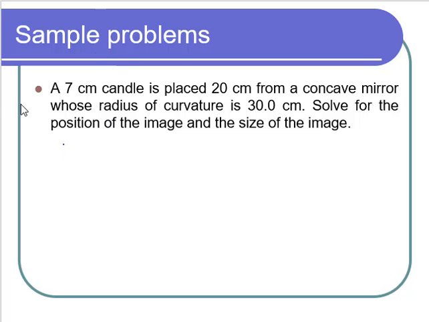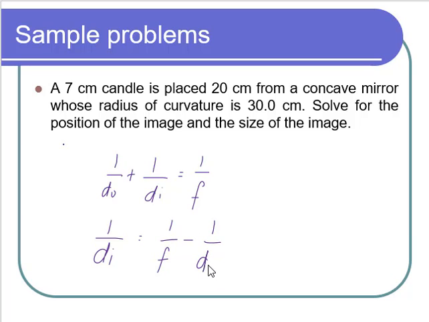Okay, now let us recall our equation. We have 1 over do plus 1 over di is equivalent to 1 over f. But what we are looking for is the distance of the image. So let's just have 1 over di is equivalent to 1 over f, then place it on the other side, minus 1 over the distance of the object.